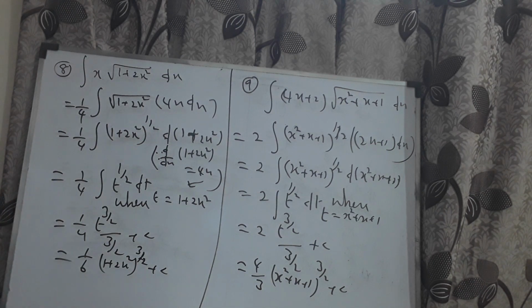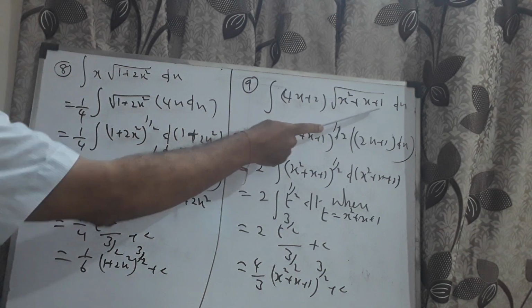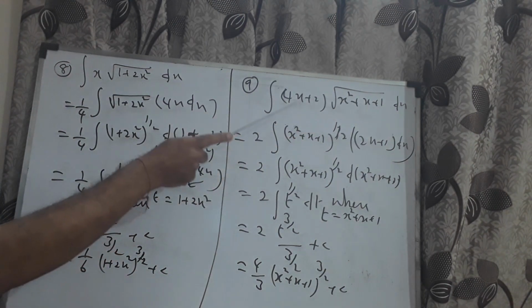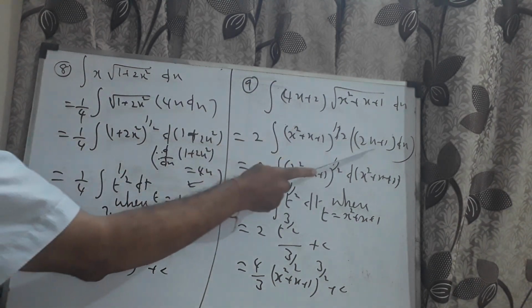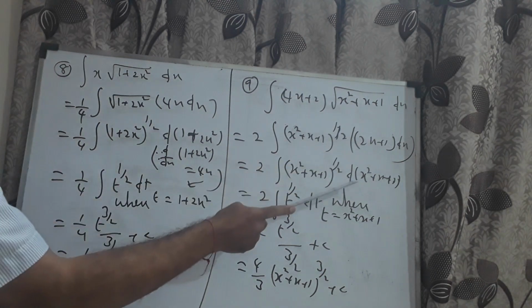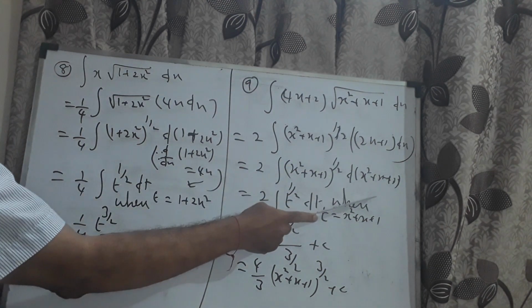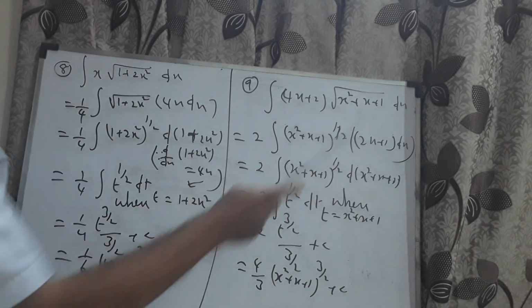I repeat, I am supposed to have x square plus x plus 1 to be my t here. The derivative 2x plus 1. Therefore, I should have an observation by taking 2 as common here. Twice of, this is power half into 2x plus 1 dx. This can be written as d of x square plus x plus 1. You can very well write similar to this here, d by dx of etc. You can write d of x square plus x plus 1 is 2x plus 1 dx.